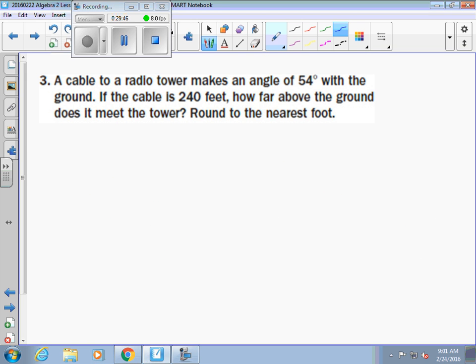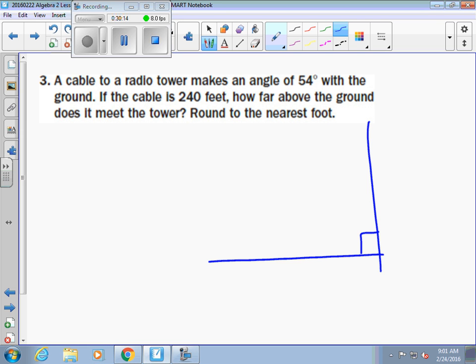And then this one, here we go. A cable to a radio tower makes an angle of 54 degrees with the ground. If the cable is 240 feet, how far above the ground does it meet the tower? So you have to make a couple of assumptions right here. The first thing is that the pole is going straight up and down. It's not on any kind of angle. So the pole itself is creating a 90-degree angle with the ground.